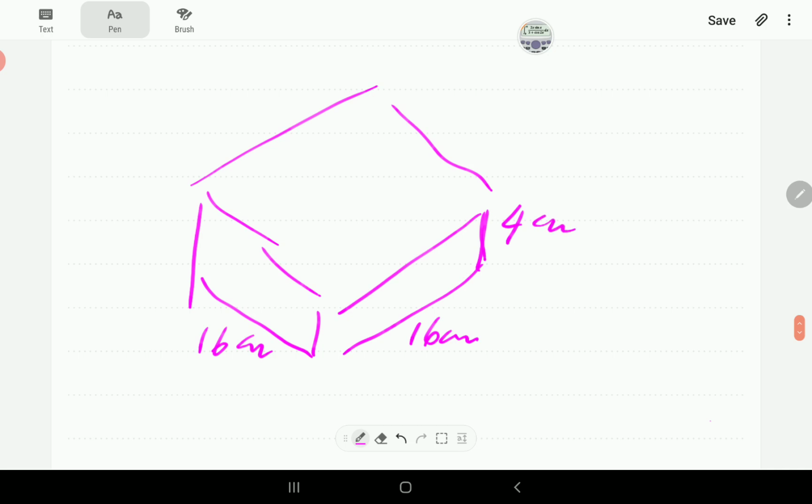So that is going to be the dimensions of the box with the maximum volume that we can get from that square cardboard of side 24.